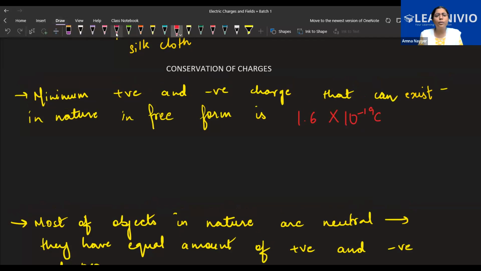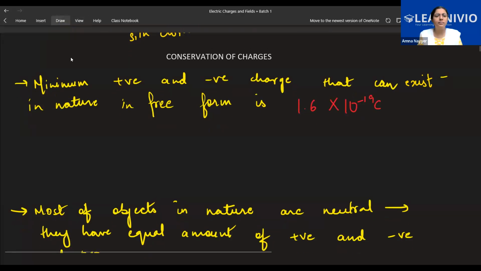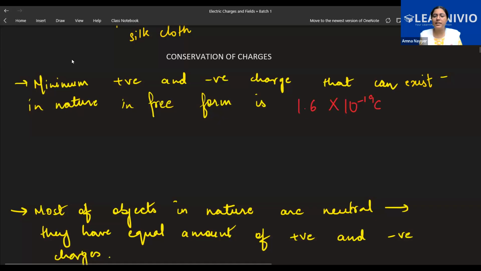Now, for a proton and an electron, to differentiate, we can put the signs. For an electron, if I write minus 1.6 into 10 to the power minus 19 coulomb, you can figure out this is negative, so this is for electrons. Similarly, for protons, I can put 1.6 into 10 to the power minus 19 coulomb.